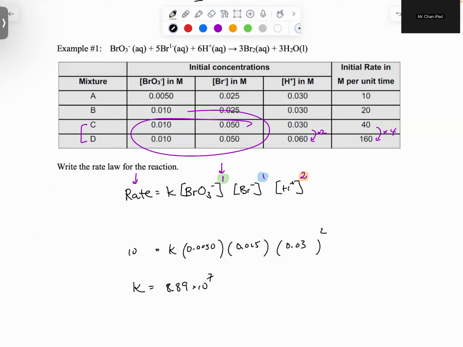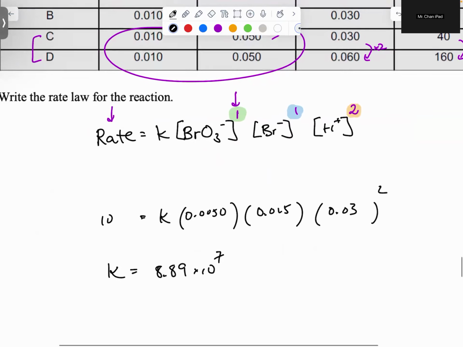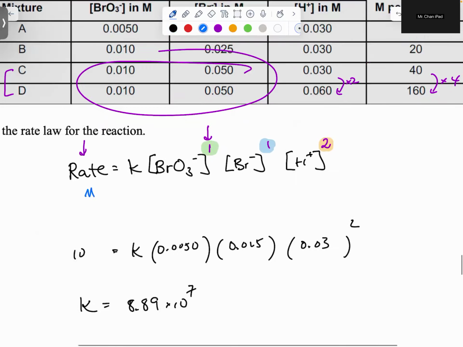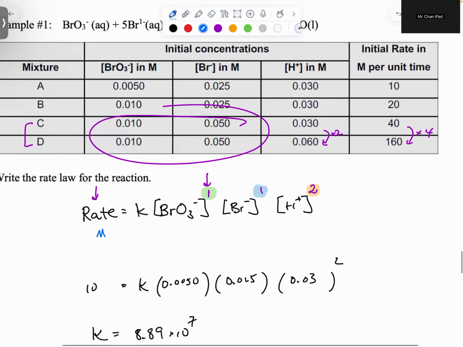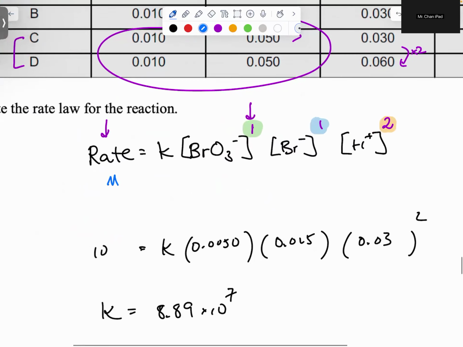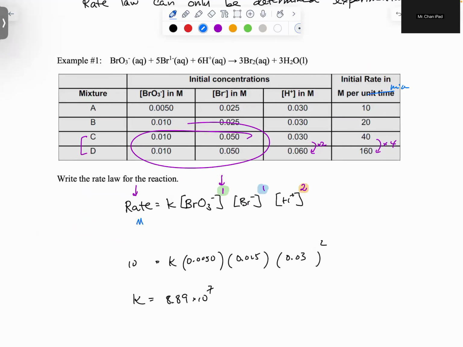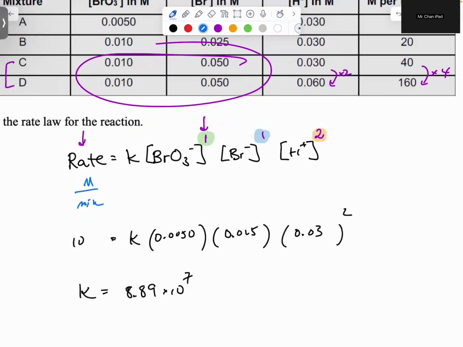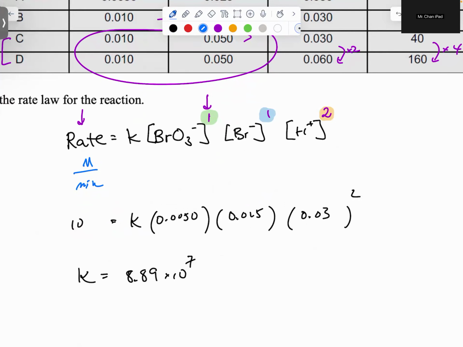What's the unit for this K value? Molarity per unit time. Let's just call that minute. So what is the unit of K?